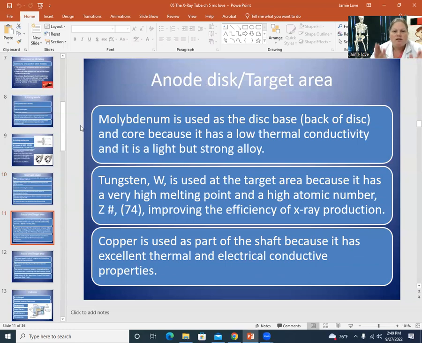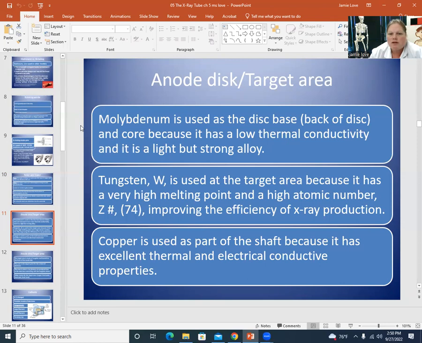That target disk area, that actual round disk itself, has also got that metal moly. I need to Google this pronunciation because I always say molybdenum, but moly for short. It's the back side of the disk, the core. Low thermal conductivity, very light but strong metal, not as heavy. So our tube has some lightness to it so the disk can spin better. Outside of it is still coated in the tungsten.